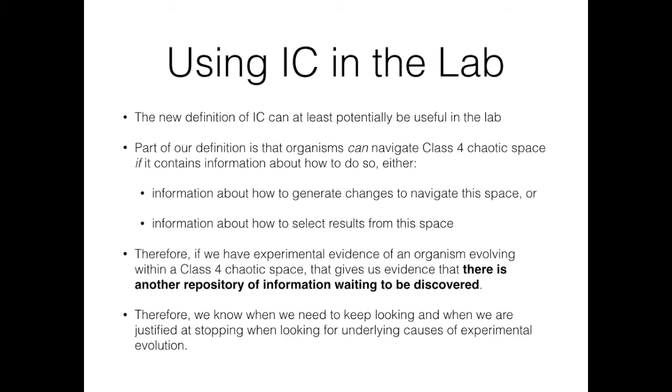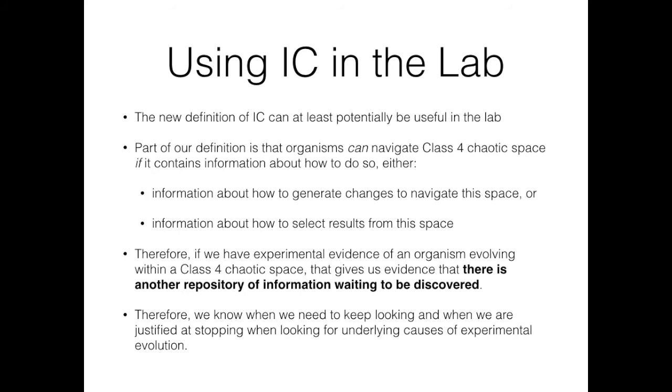It's like running uphill with a pogo stick or some other better device to leap over chasms. Or information about how to select the results from this space. So either one. This would not be natural selection, and I actually just released a talk on this. There's a whole lot of things in biology that are selection, but not natural selection.